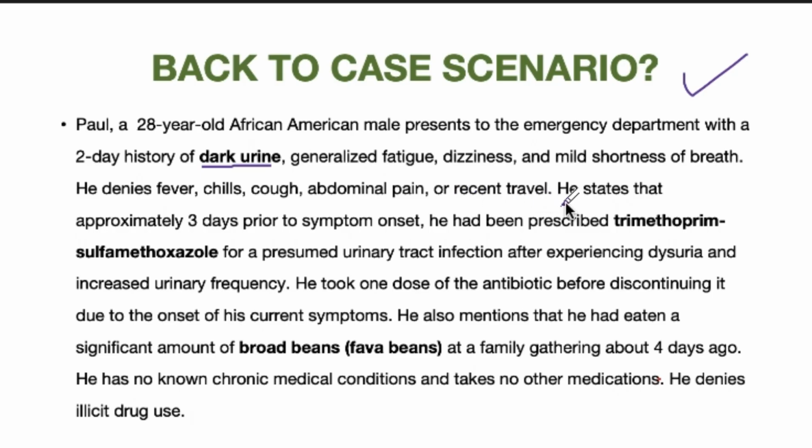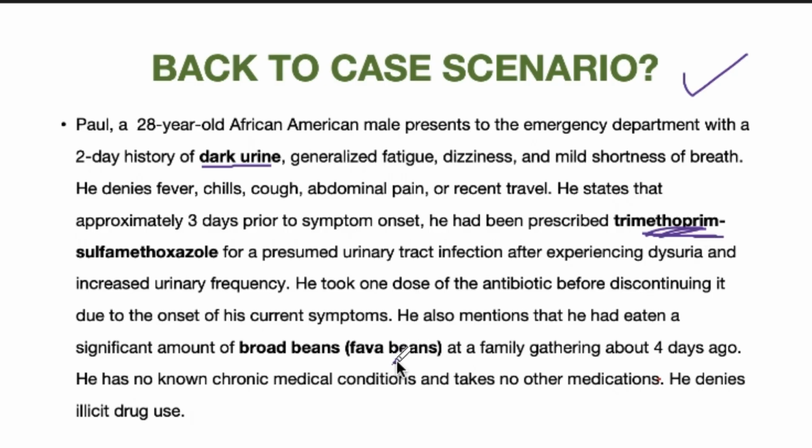He states that approximately 3 days prior to symptom onset, he had been prescribed trimethoprim sulfamethoxazole for a presumed urinary tract infection after experiencing dysuria and increased urinary frequency.